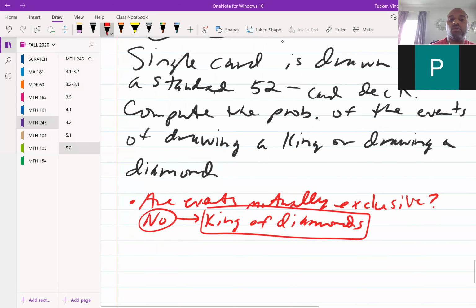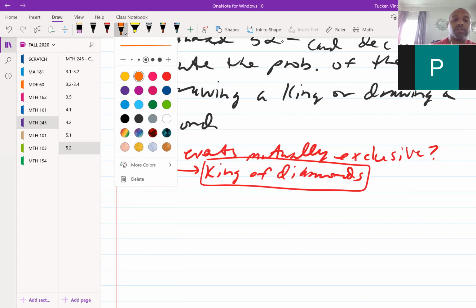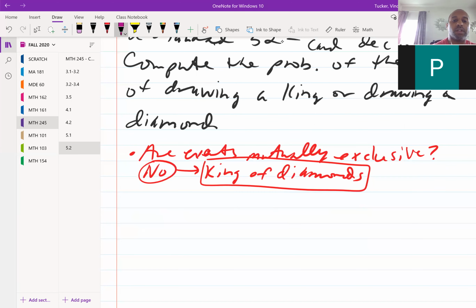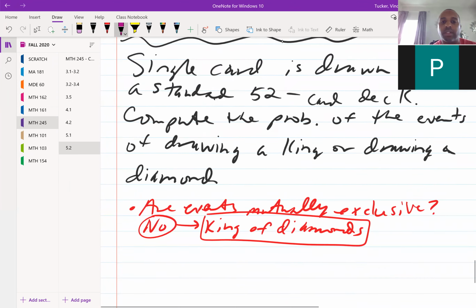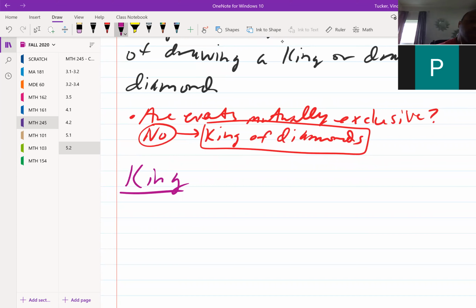Let's look at each one of them individually first, just like before. So we're looking at the king. We know the sample space is 52. Number of kings in the deck is 4.